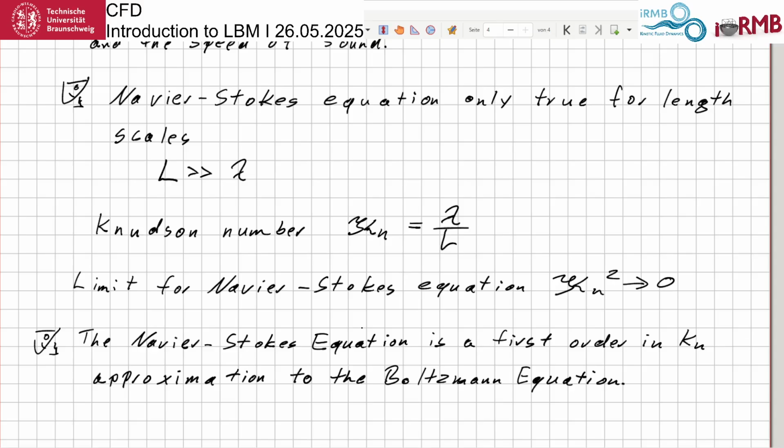So if it turns out that the Navier-Stokes equation has no stable solution, then this is a mathematical problem. Physicists don't care, because from a physical point of view, we already know that the Navier-Stokes equation is wrong. Yeah? That the Navier-Stokes equation is wrong, but it gives very good approximations for a wide range of problems.